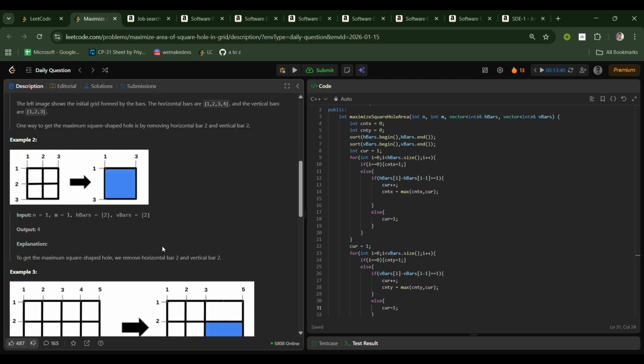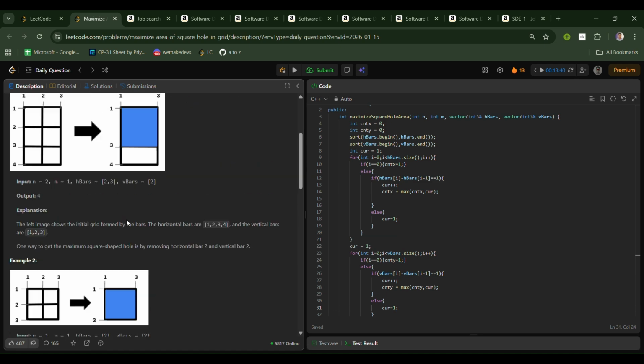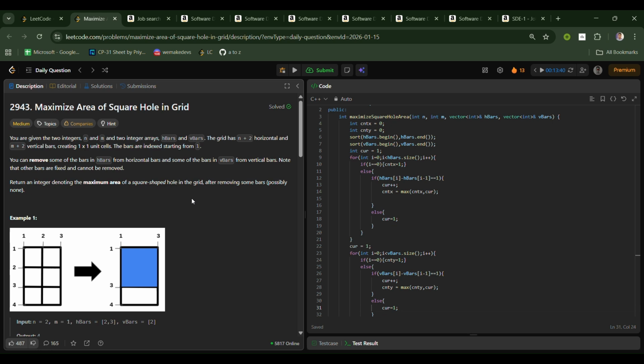But if we see the constraint properly, the h bar and the v bar have length at least 1. So it means there should be at least one line removed from the vertical part and the horizontal part. So there will be a minimum area of 4 coming, that means 2 into 2.